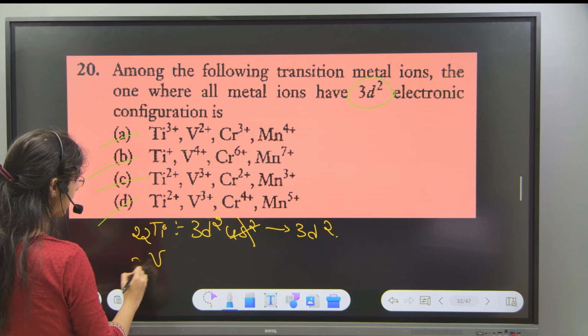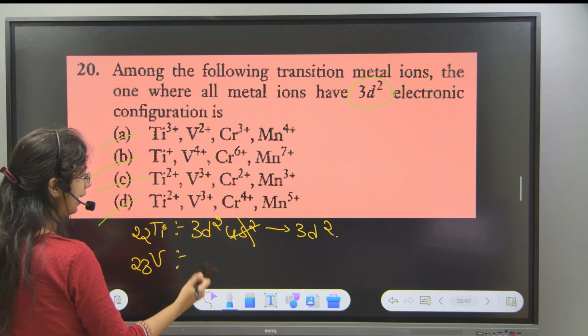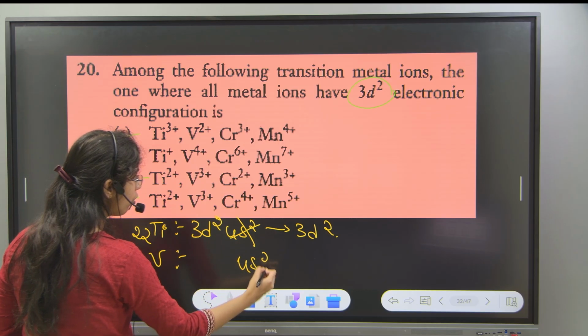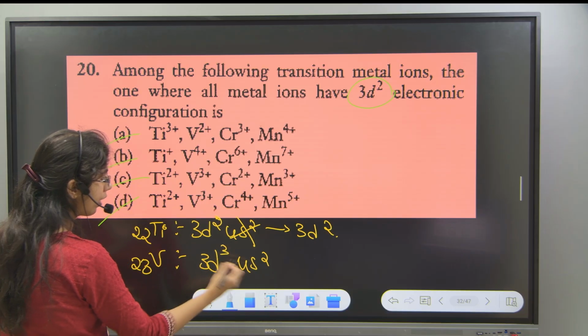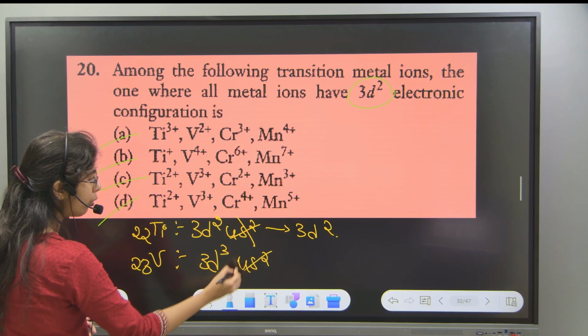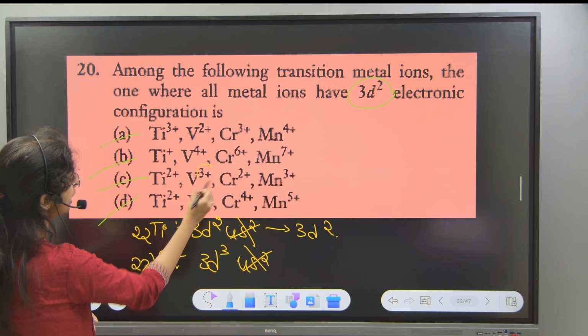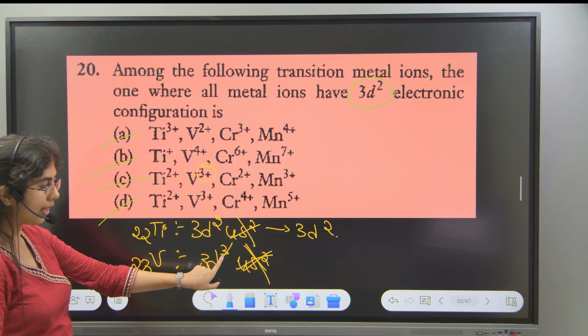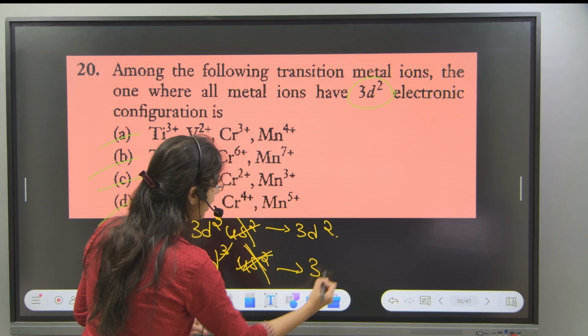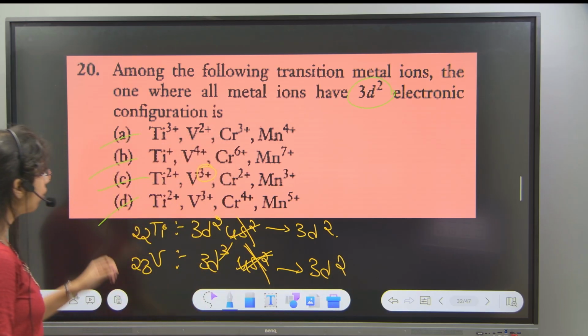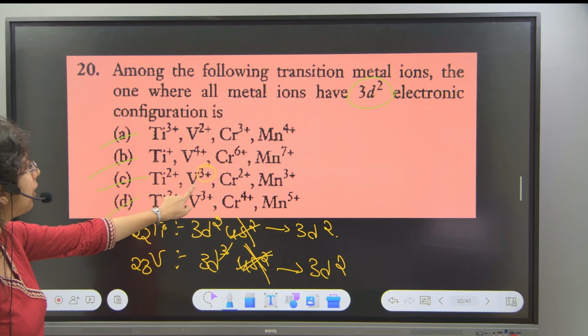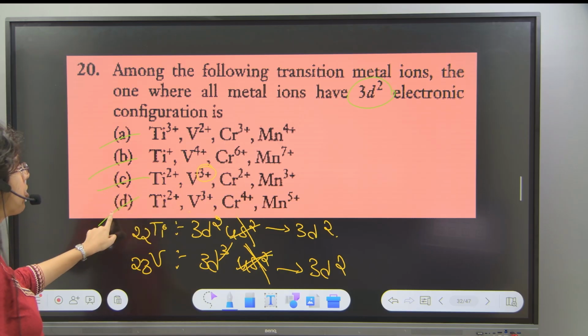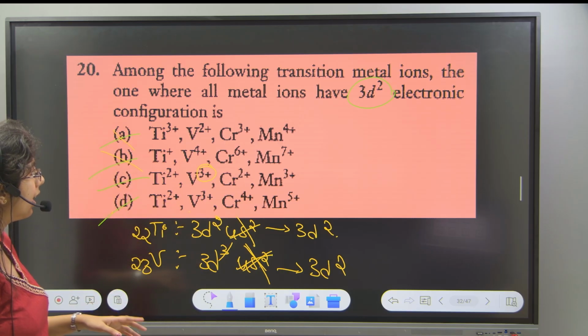Vanadium 3 plus, vanadium is 23, so it is 4s2 3d3. For 3 plus, you have to remove 3 electrons, 2 plus 1, 3. So now we end up getting 3d2. So we have titanium 2 plus and vanadium 3 plus in two options. A and B eliminated.